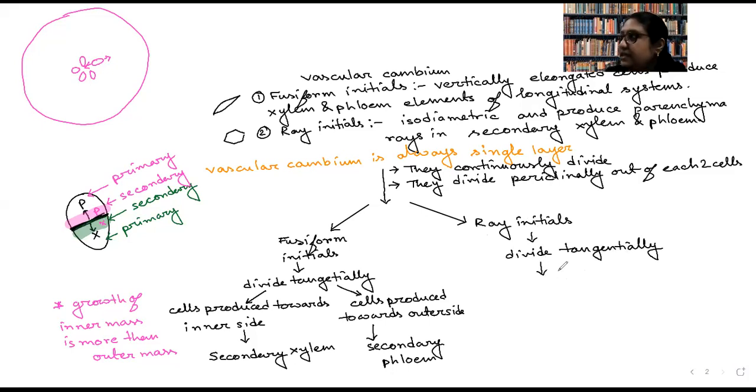So obviously ray initials are parenchyma cells which were permanent, but by differentiation they become meristematic. Now they will form the secondary medullary ray.